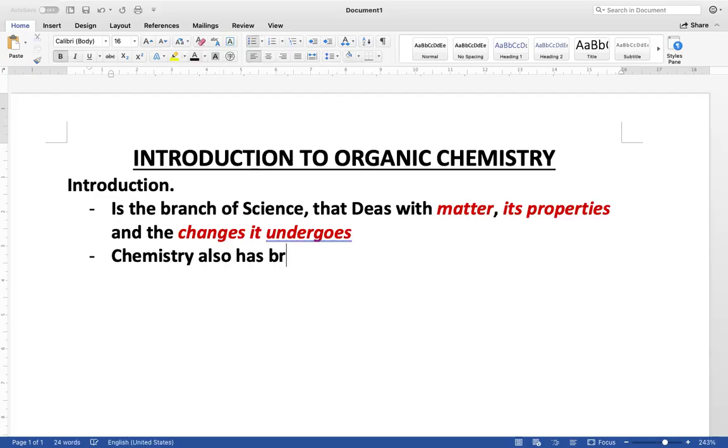Just like a tree has a stem, and from the stem we have branches, and out of those branches we also have their own subdivisions. So science has branches: biology, physics, chemistry, and within chemistry also, there are branches found within chemistry.